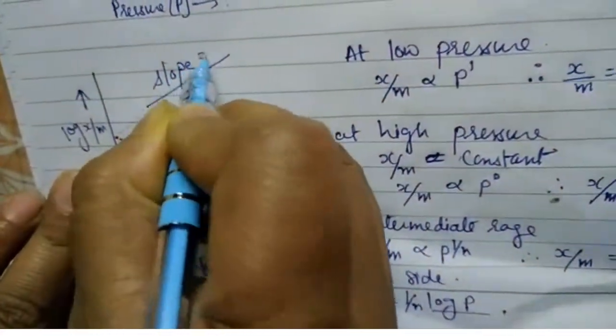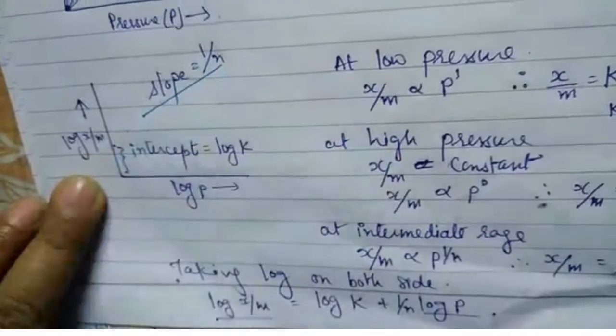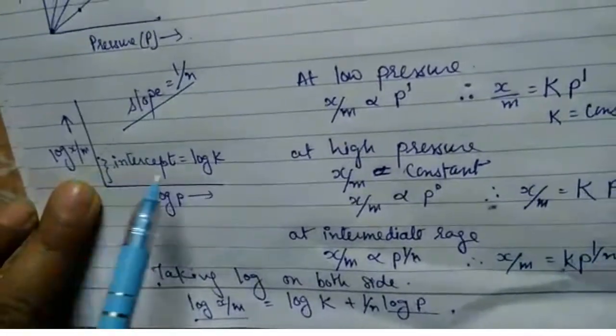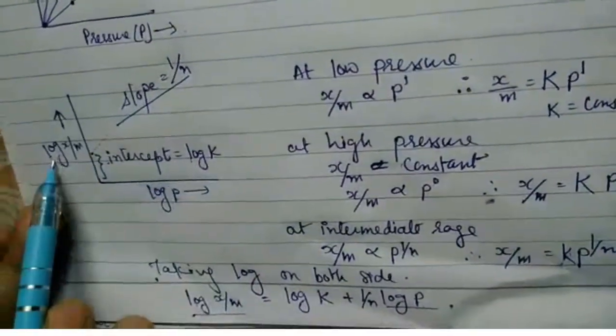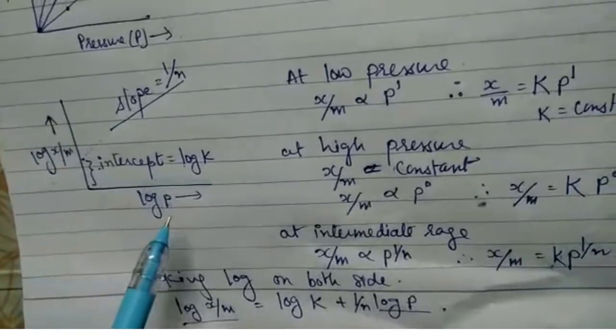This is your slope, which is indicated by 1/n. This is your intercept, which will be denoted by log k. And this is your log x/m and log k.